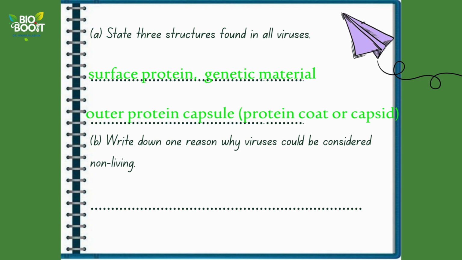B. Write down one reason why viruses could be considered non-living. They cannot carry out metabolic processes, e.g., respiration, on their own. Explanation. Viruses lack the fundamental process for metabolism. Outside of a host cell, they are dormant particles, much like a complex chemical.